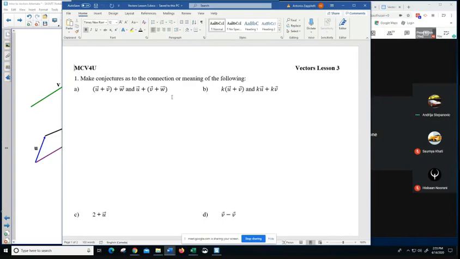Commutativity works with two vectors at a time; associativity allows you to do the operations in any order you like, without having to flip them around every time. I don't know if that clears it up. Yeah, that's good. Thank you.